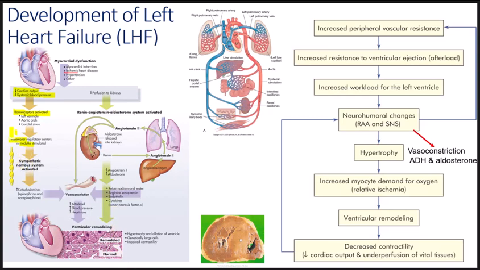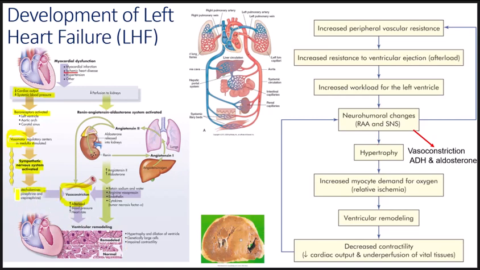And so what we will see in particular is this sympathetic nervous system response, as already discussed in this lecture, that leads to vasoconstriction. One of the chemicals that contribute to that, or group of chemicals, are called catecholamines.